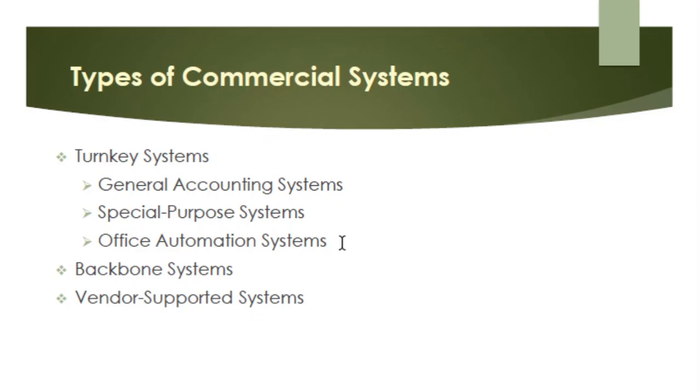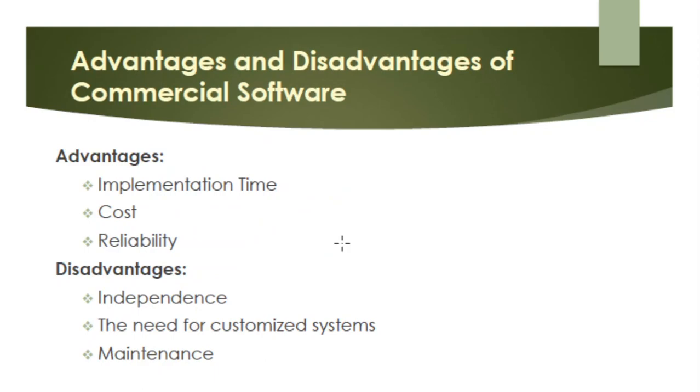Next, let's move on to the advantages and disadvantages of commercial software. The first advantage of commercial software is, of course, implementation time. Unlike your customized system, which often takes a long time to develop, commercial software is already readily available, especially if you just need general accounting systems.